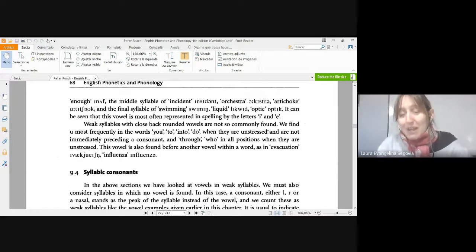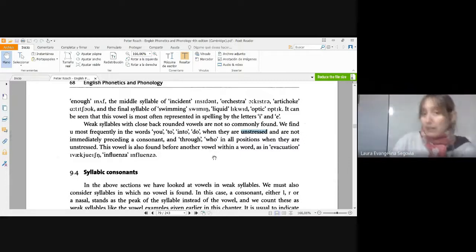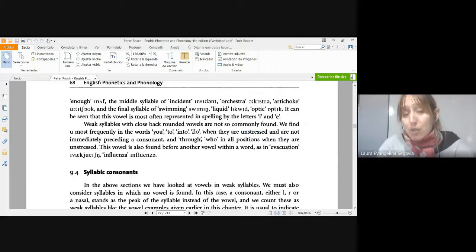We find U most frequently in words like you, to, into, and do, when they are unstressed, cuando no son importantes, and are not immediately preceding a consonant. No están antes de una consonante. Entonces, I can say do, but I don't say do or do. It's do, do. Okay? So this is the weak form.